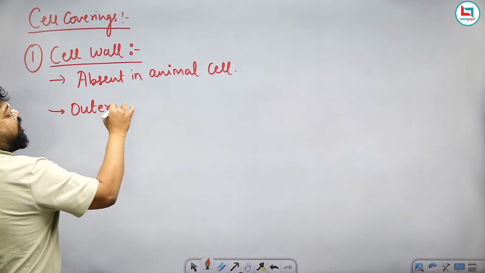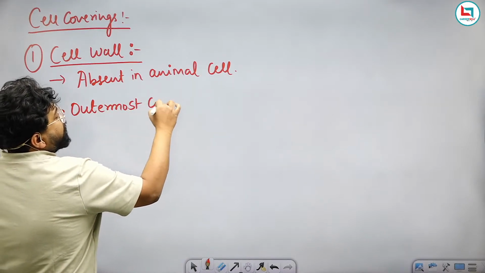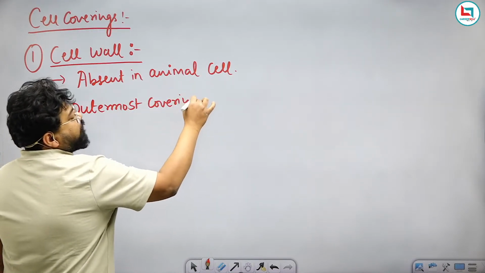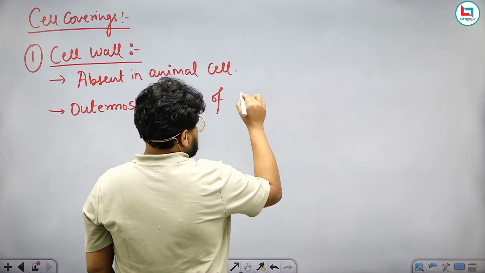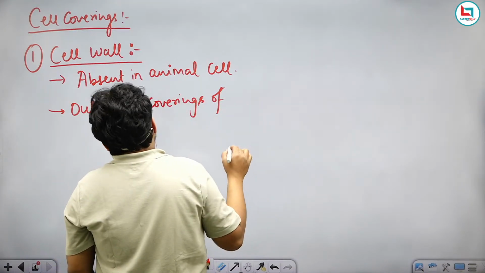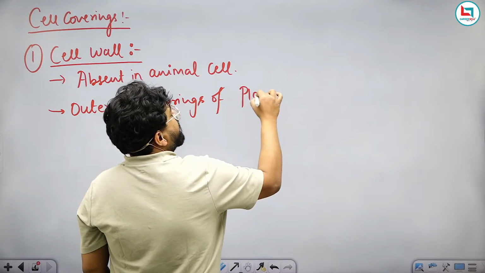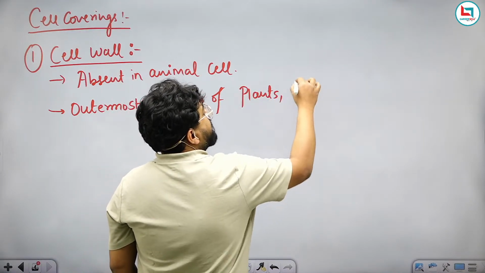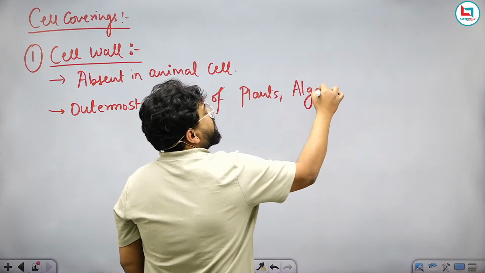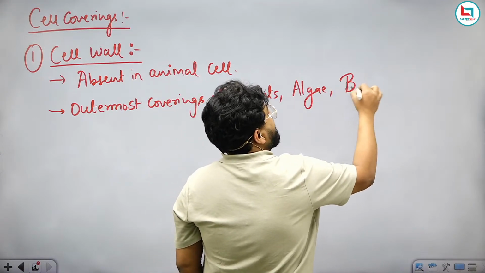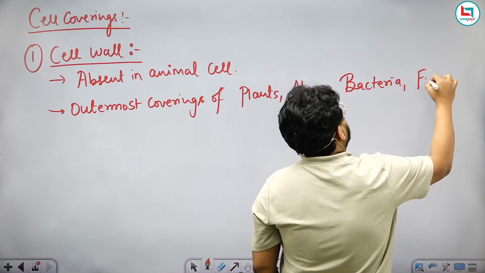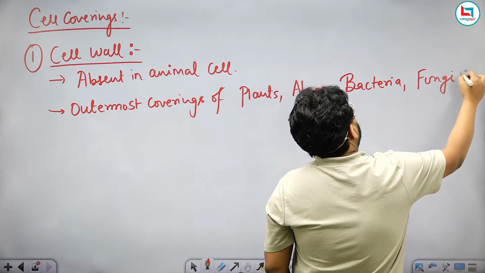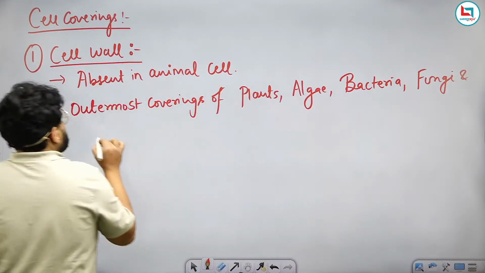number one, plants, number two, algae, number three, bacteria, number four, fungus, and number five, some protists.